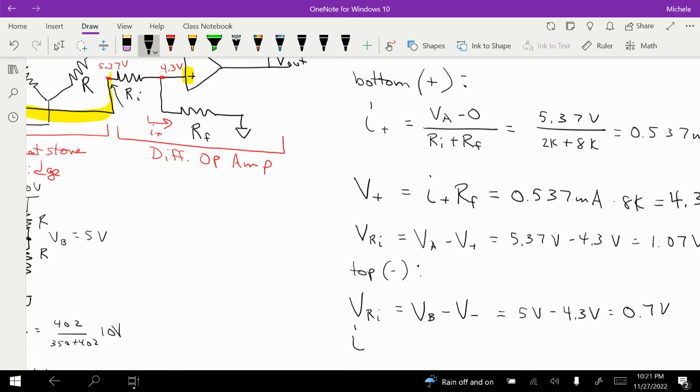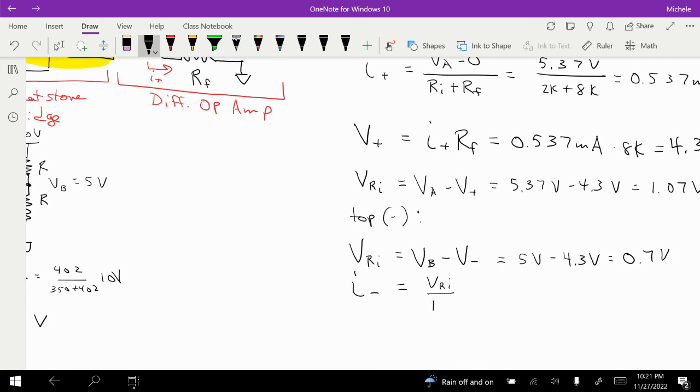So now I can figure out I minus, which is going to equal V Ri divided by Ri. That's 0.7 volts divided by 2K, or 0.35 milliamps.